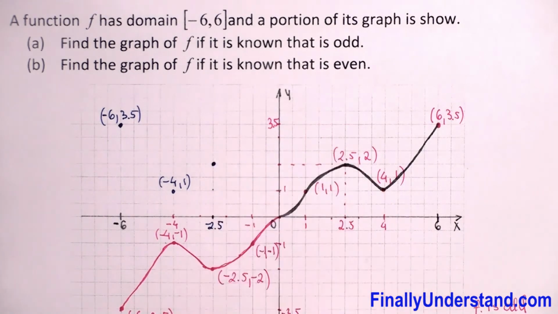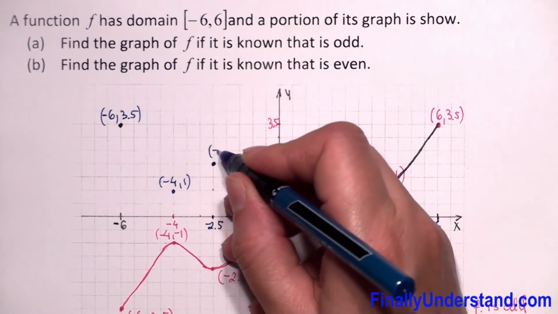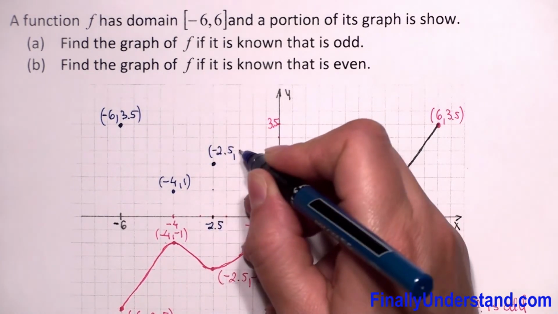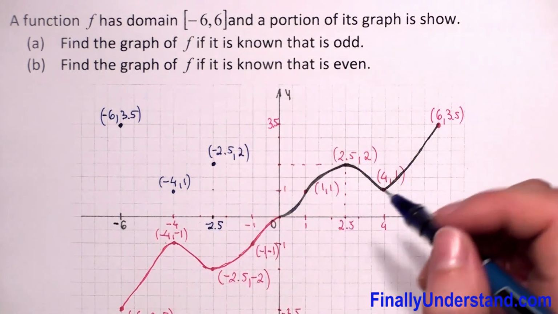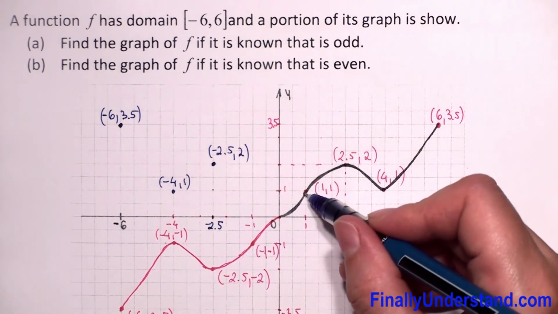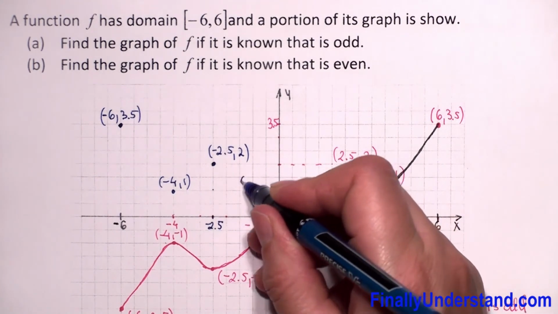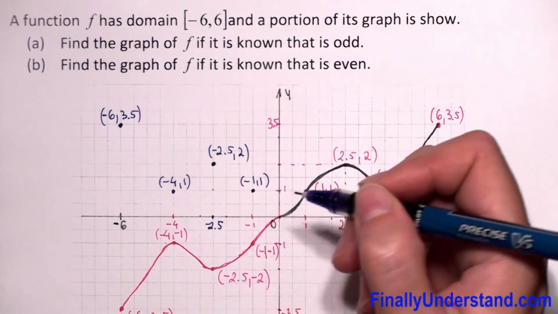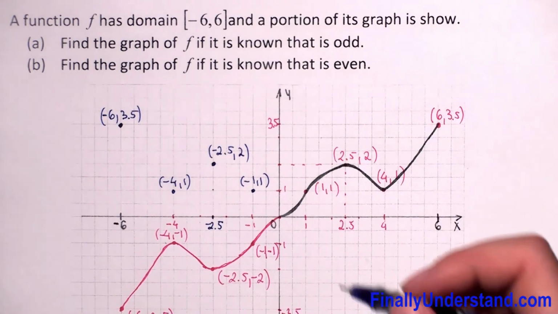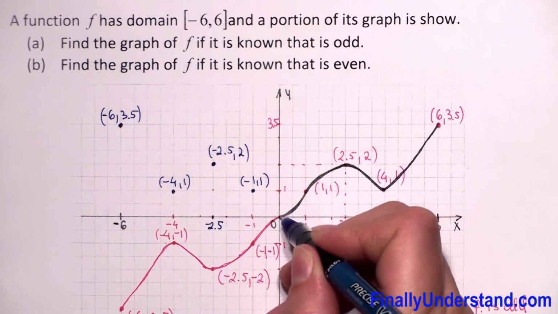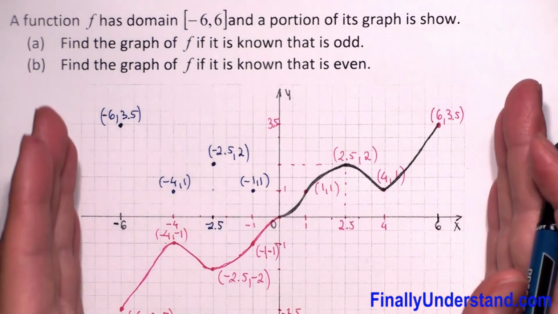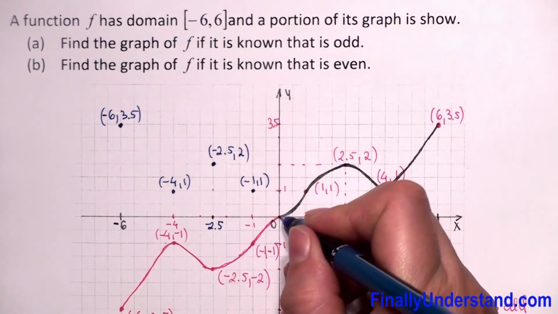So this is our point, -2.5 and 2. And last we have 1 and 1, so it will be -1 and 1. Now we just have to connect these to make it symmetric about the y-axis.